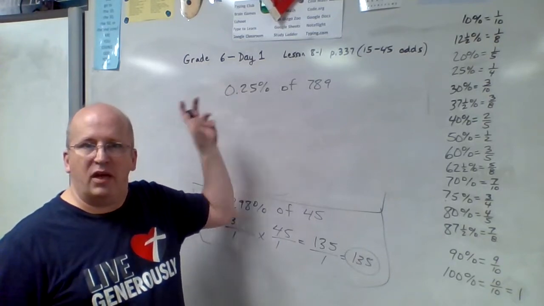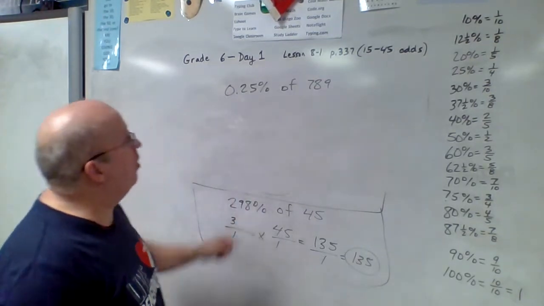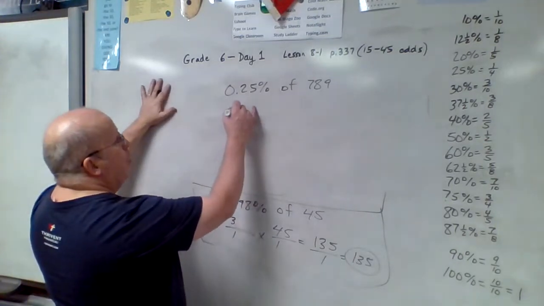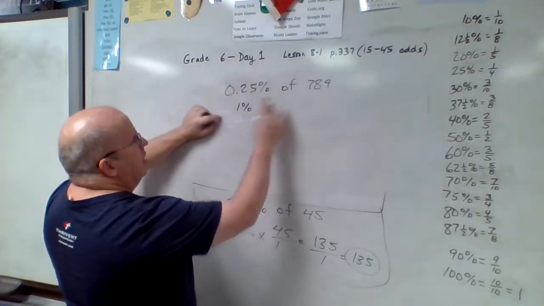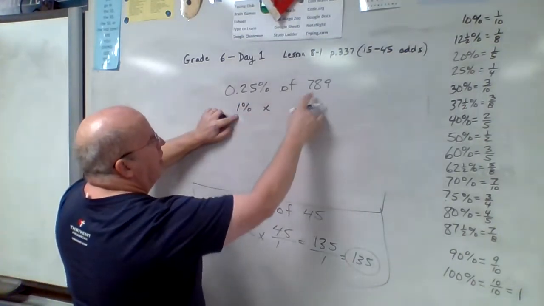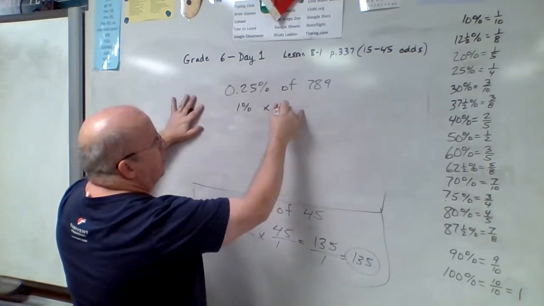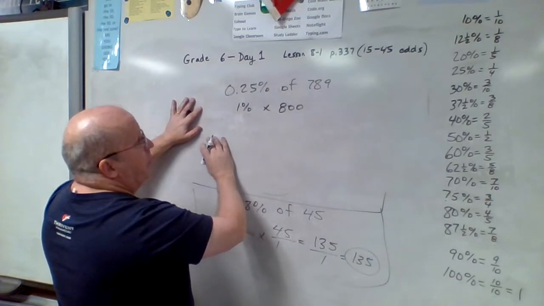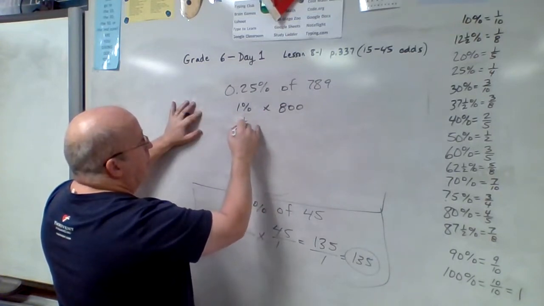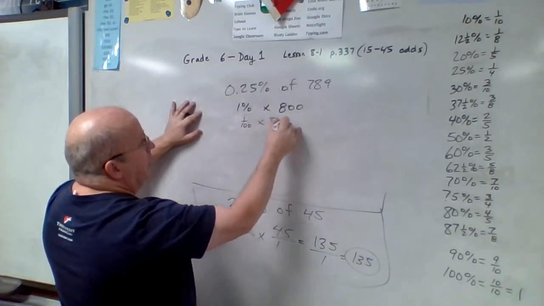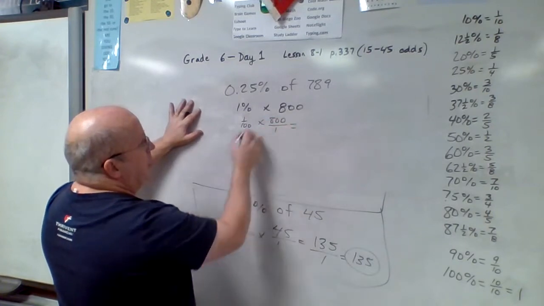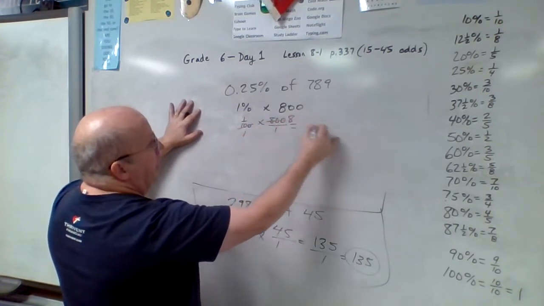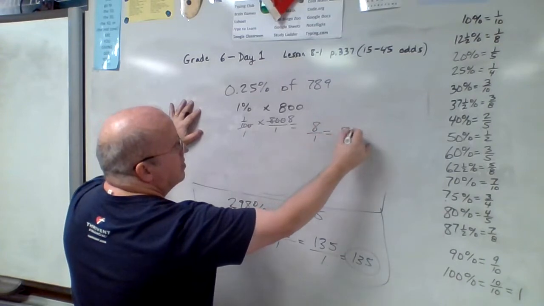So the first thing I think about in regards to solving this kind of a problem is, what would the answer be if it was 1% of, and I'm going to estimate this to be about 800, what would 1% of 800 be? Well, that's the same thing as 1 over 100 times 800 over 1. I can cross simplify, and I get an answer of 8.